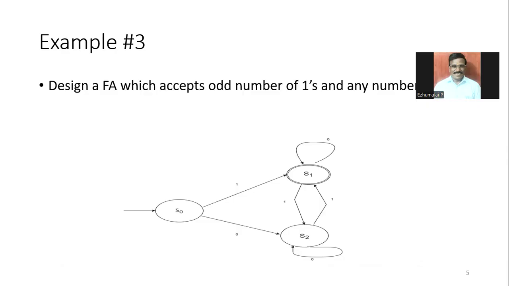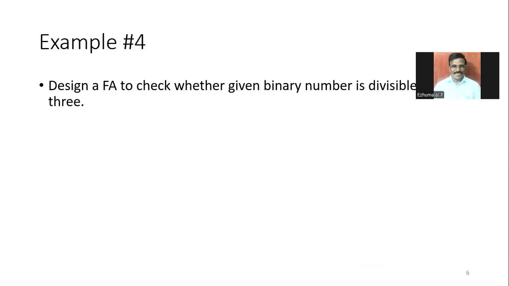If we give 1 at S2, it goes to S1. So when the input has an odd number of ones, it will be accepted, with any number of zeros. Suppose you give an even number of ones, it will not be accepted, as it goes to S2. This is the example of an odd number of ones and any number of zeros.